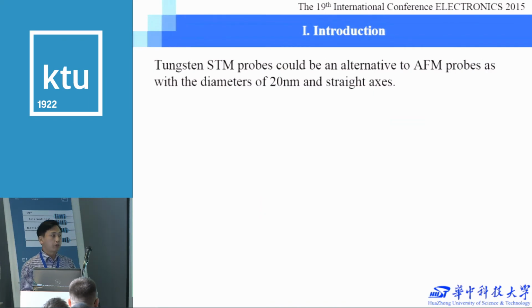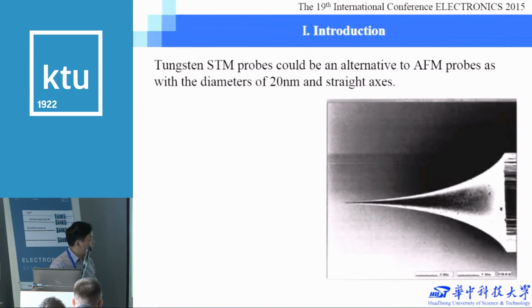So researchers want to find another probe that can replace the atomic force microscope probe. The tungsten scanning tunneling microscope probe could be an alternative to this, with a diameter of 20 nanometers and a straight axis, as this picture shows.